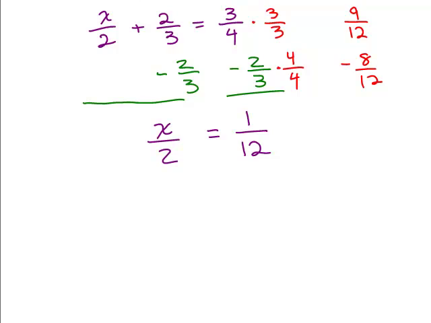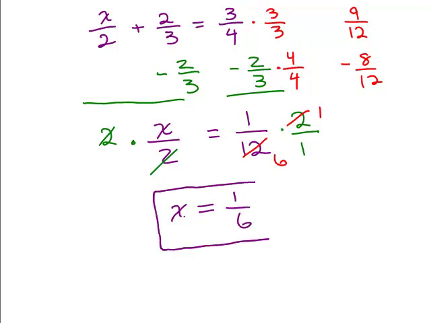All right, and now you can multiply both sides by 2. So those cancel, right? So that you get x equals, and now what happens over here? The 2 and the 12 cancel, and you still are going to get the answer of 1/6.